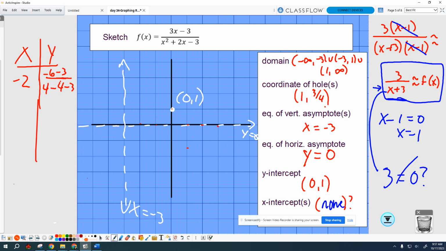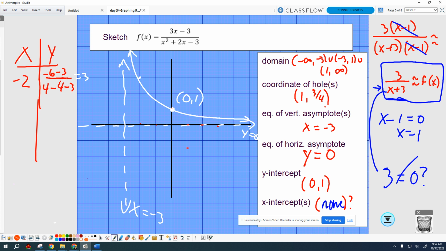So what do I end up with? -9 over -3, which is 3. So at -2, it goes to 3. And because I know what asymptotes mean, it's going to curve towards them.